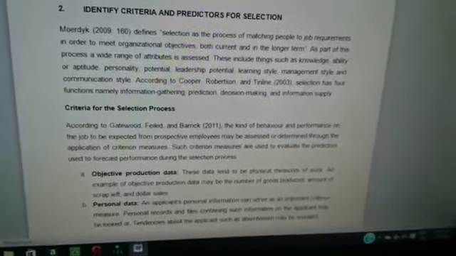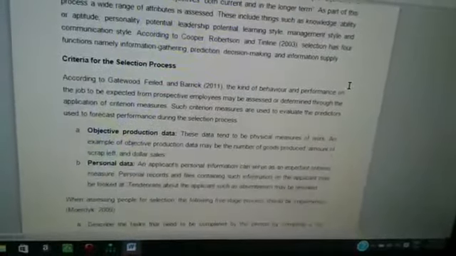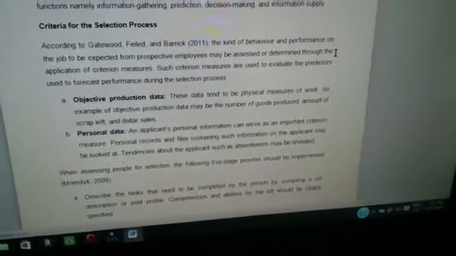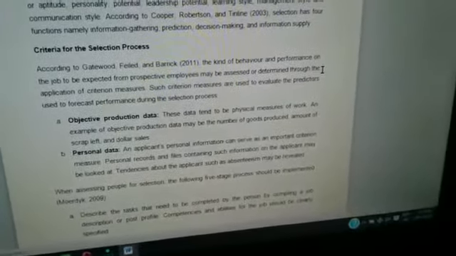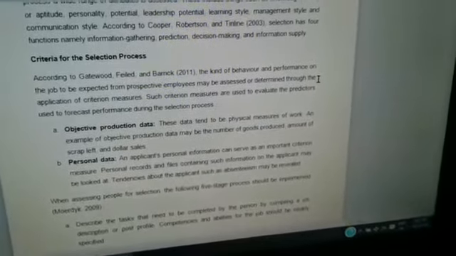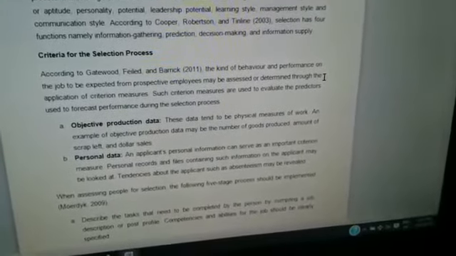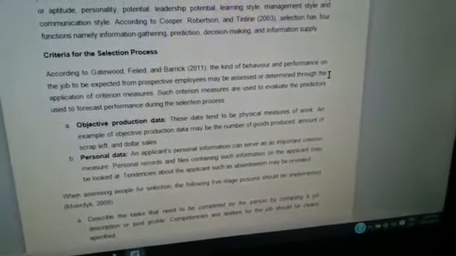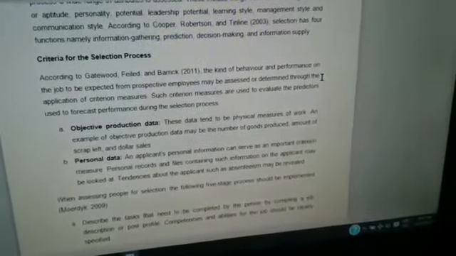The criteria for the selection process. According to Gatewood, Field, and Barrick, the kind of behavior and performance on the job to be expected from prospective employees may be assessed or determined through the application of criterion measures.